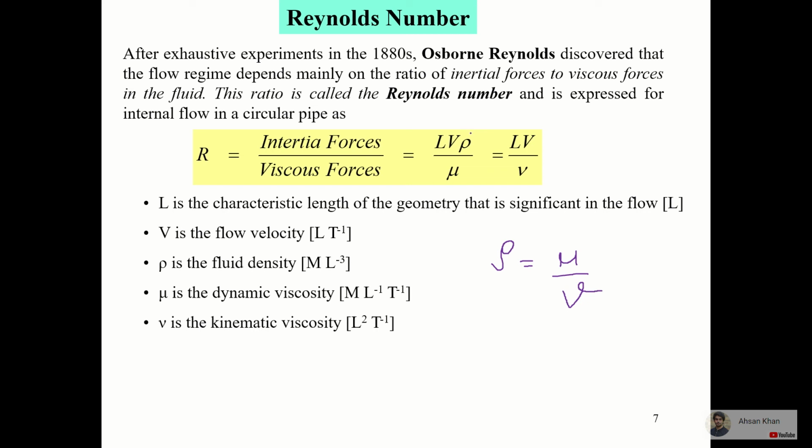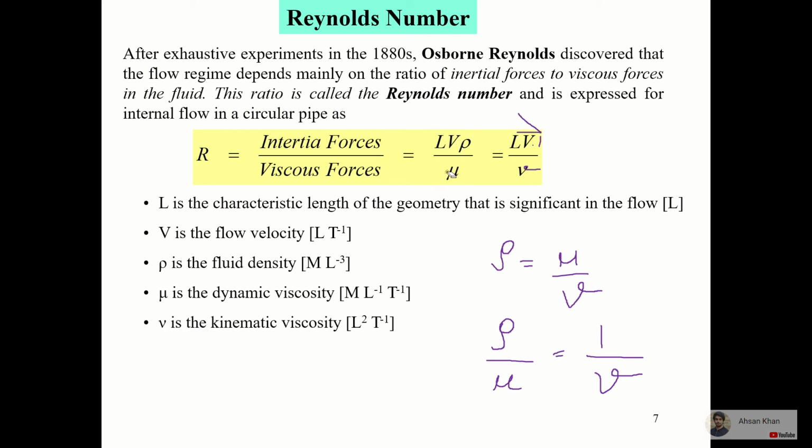If you want to replace these values with nu, you can say that rho by mu is equal to 1 by nu, and then you can write it here like 1 by nu. So that's how you can write these formulas, either this way or this way.